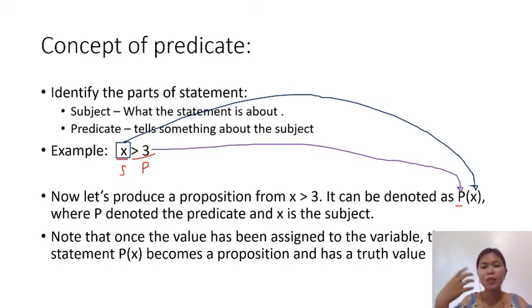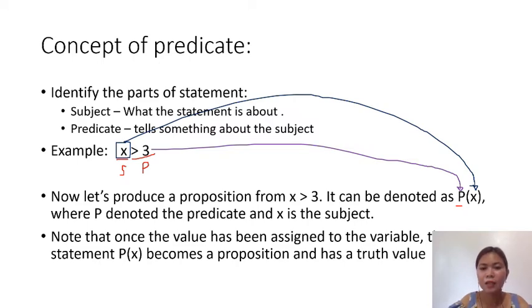But if the given statement is in paragraph form, like a declarative sentence, find the best letter that has a relationship with that statement and use it to represent the predicate or the proposition.